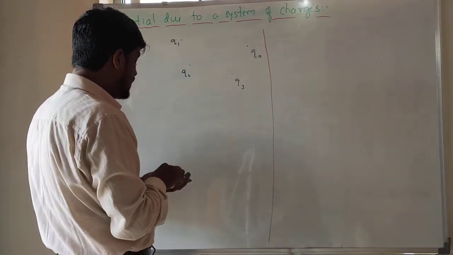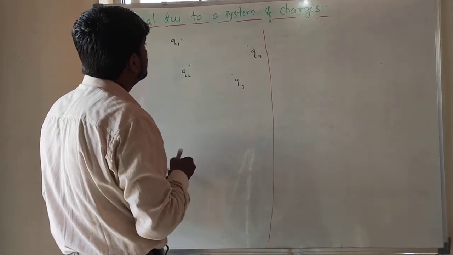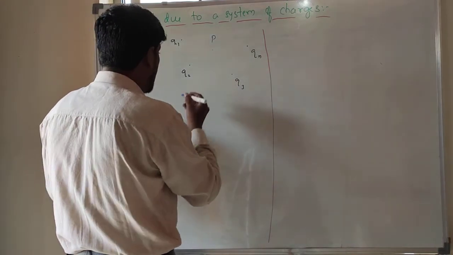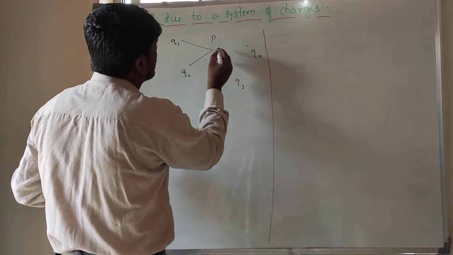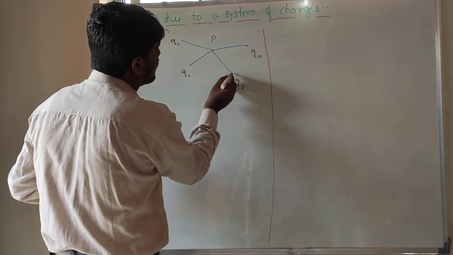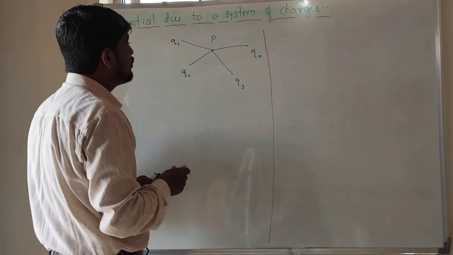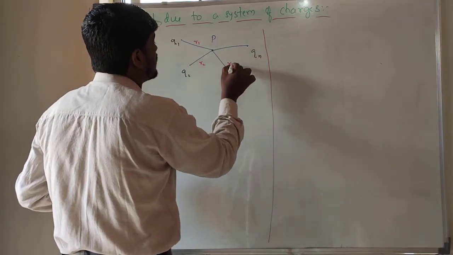Now, consider a point P. I will join all the point charges to this point P. Now at this point I want to calculate the resultant electric potential due to the system of charges.